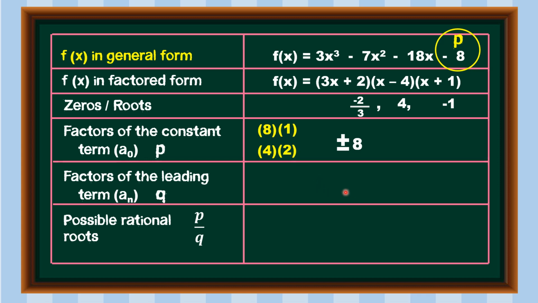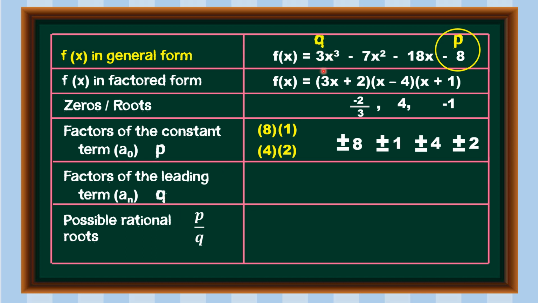And ano pa yung mga possible factors? Right? So, 1, positive and negative. And then we have 4, positive and negative also. And 2, positive and negative. Yan yung mga possible factors ng P. Ayan. So, 8 yan lahat kasi tigdadalawa. Next, what are the factors of the leading term a sub n or yung Q natin? Asan nga ba yung Q ulit?